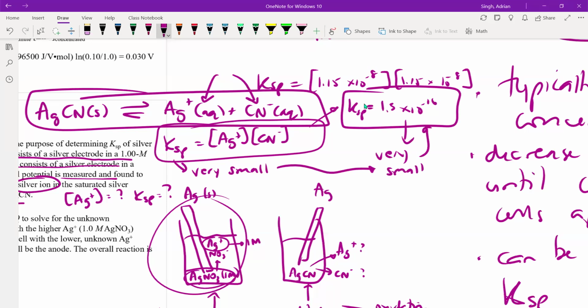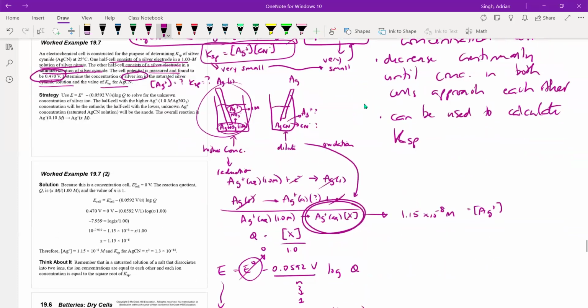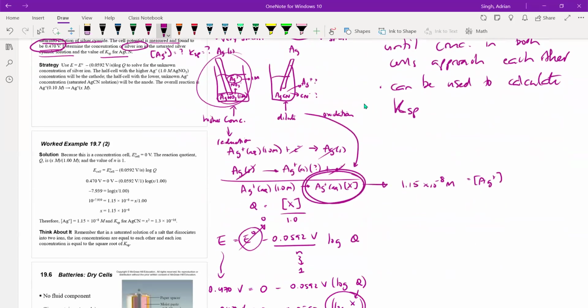So concentration cells take advantage of differences in the concentration of the aqueous solution, even though both electrodes are the same material. As long as there's a difference in concentration, we can expect there to be a voltage associated with the cell. An application of this is in determining both the concentrations as well as the KSP for sparingly soluble salts.